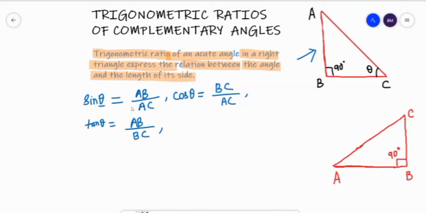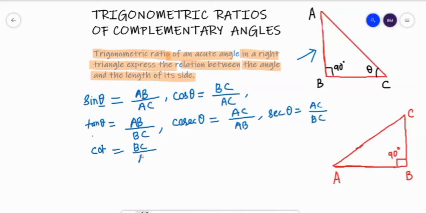Now the opposite of all this: the reciprocal of sin theta is cosecant theta, in short form cosec theta. We write it as AC by AB, that is hypotenuse divided by the perpendicular or height. And secant theta, in short form sec theta, we write as AC divided by BC, that is hypotenuse divided by the base. And the reciprocal of tan theta is cot theta. We write cot theta as BC by AB, that is base by height.